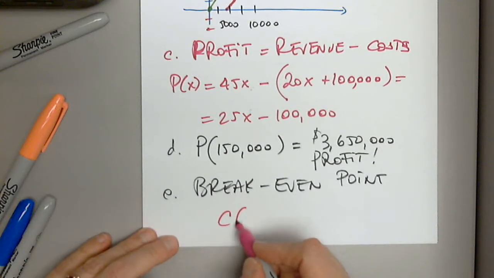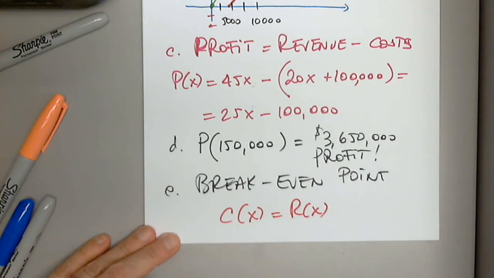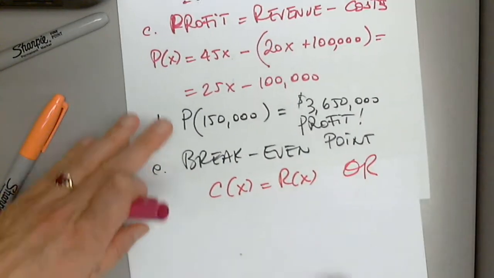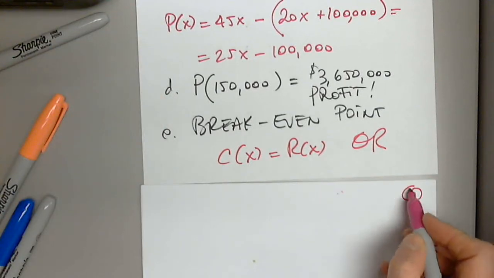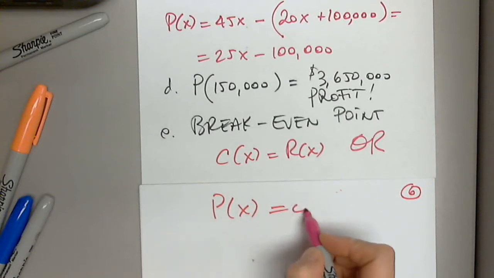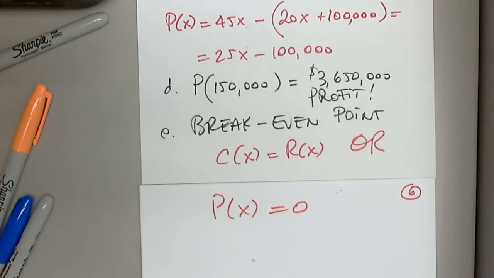When the cost and the revenue are the same, then the profit is exactly zero. So the break-even happens when the revenue and the costs are the same. We're not making money, but still it's good because we're not losing money, so somewhat good. Or you can say the break-even point is when the profit is 0.